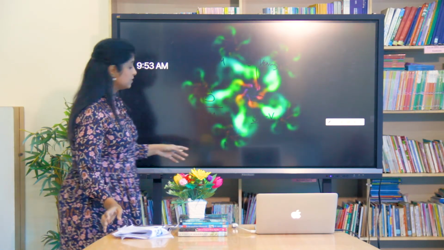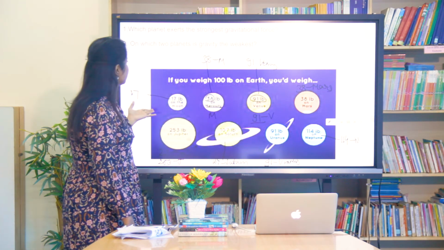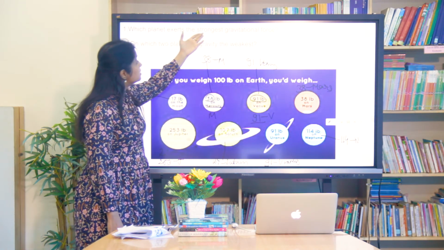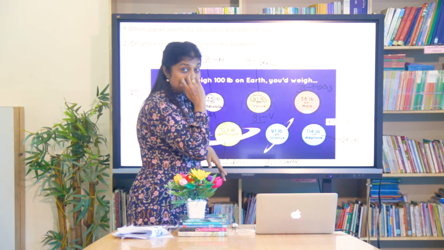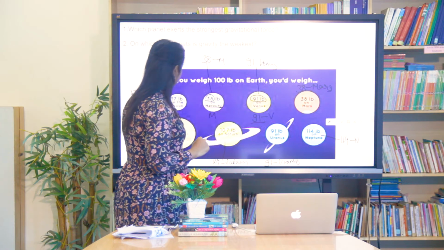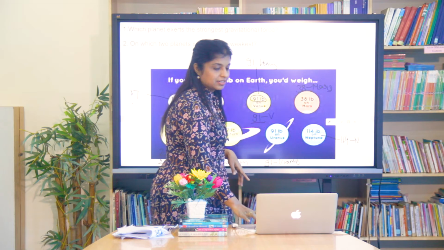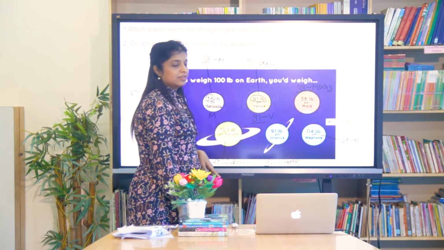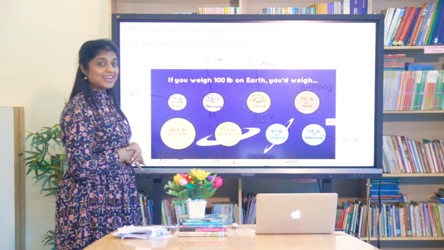So this is the question that I have asked you related to that. Which planet exerts the strongest gravitational force? Where there is more gravity, right? So in this one, you are weighing more on Jupiter. So your answer is Jupiter, right?